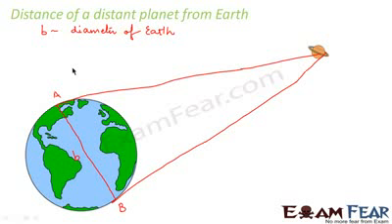Right? And in this case, if we know the angle, that is the angle subtended at this planet from both the observation points, then we can find out the value of D. So even here D would be equal to B by theta. So this relation will be helpful in finding the distances of distant objects. We will take examples of the same.